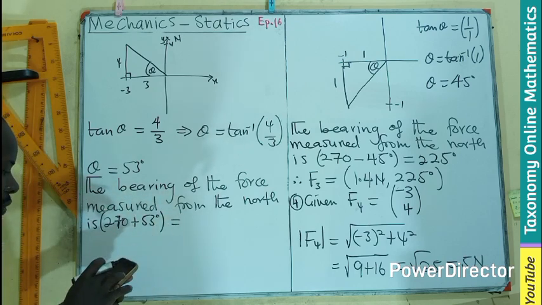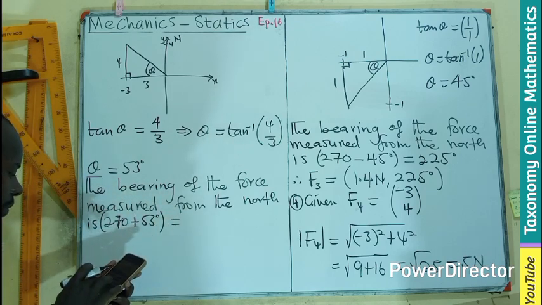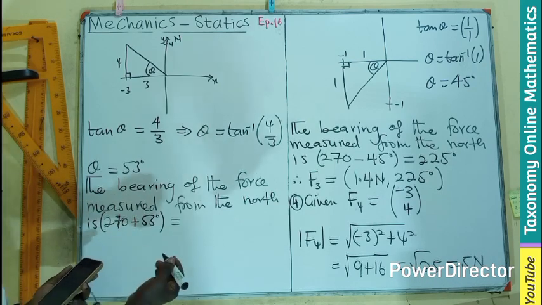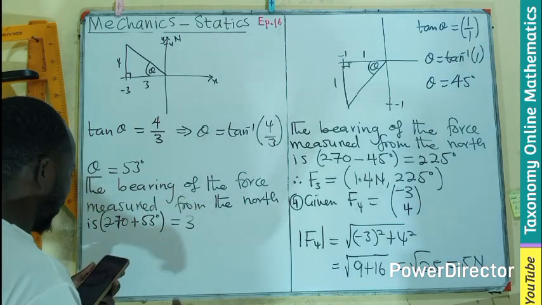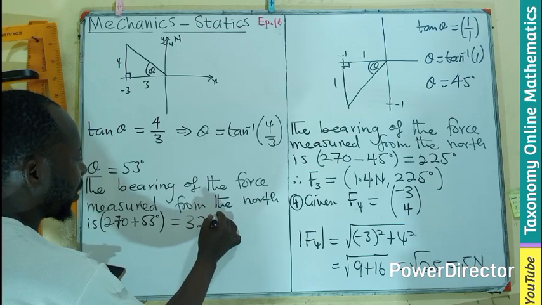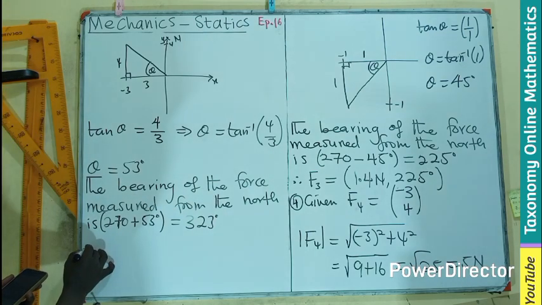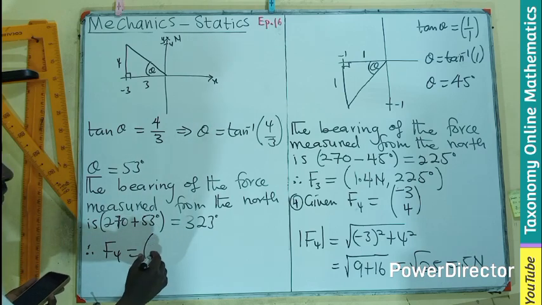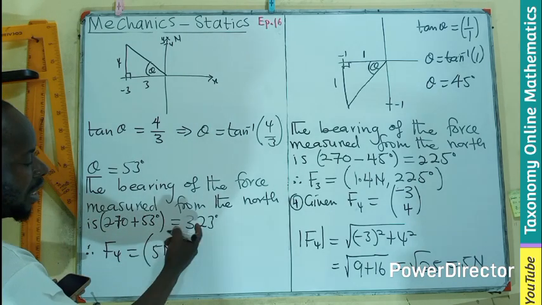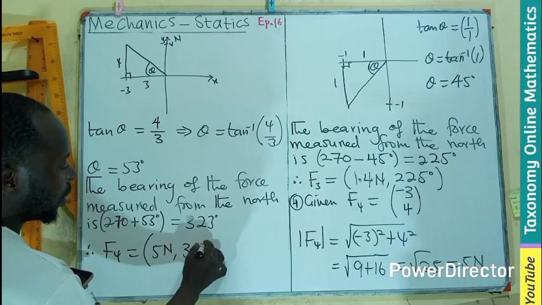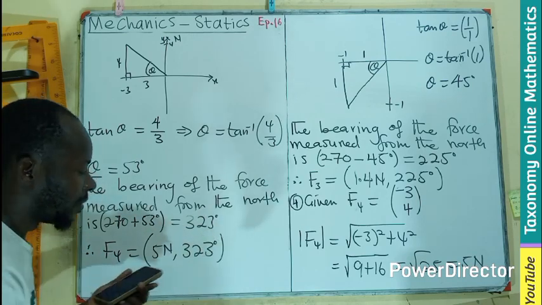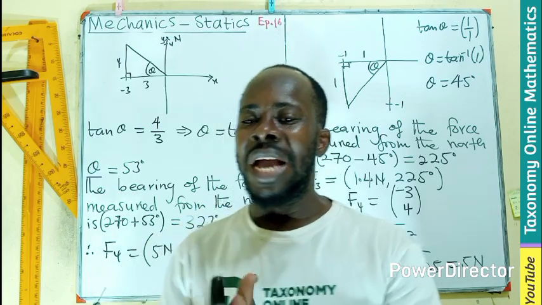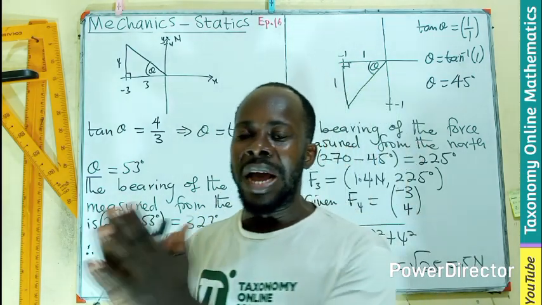And that should be giving you 300 and something. And that will be 323 degrees. So therefore, the resolution of the force 4 is going to be the magnitude we had was 5 Newton. The direction we have was what? 323 degrees.